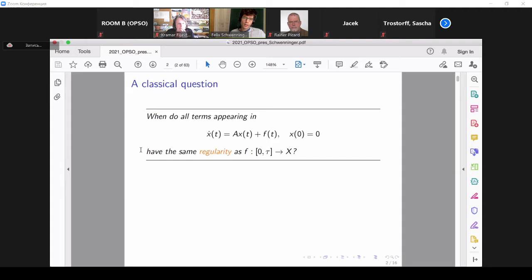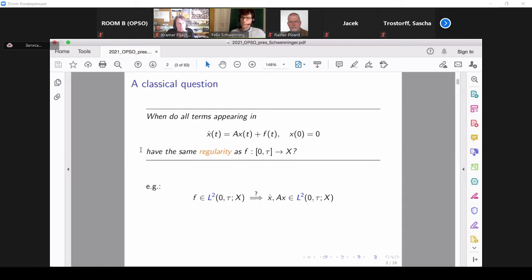So you have an equation x dot equals Ax plus f, so this inhomogeneity f is the one that drives the regularity. So the question is whether other terms in this equation other than f do have the same regularity as f. And to be more precise here, one case could be, and this is the most classical one probably, if f is assumed to be an L2 function in time, so time is here the variable t, and you map into an abstract space X that will always be assumed to be a Banach space.